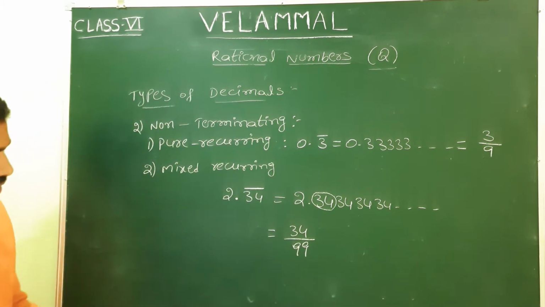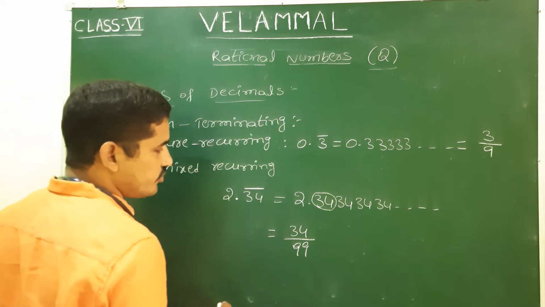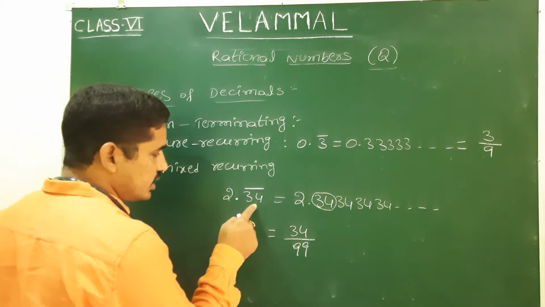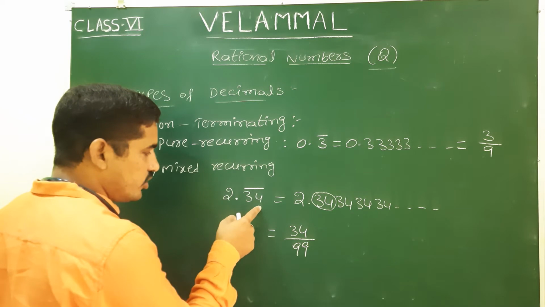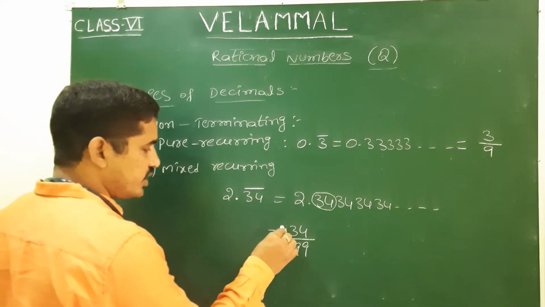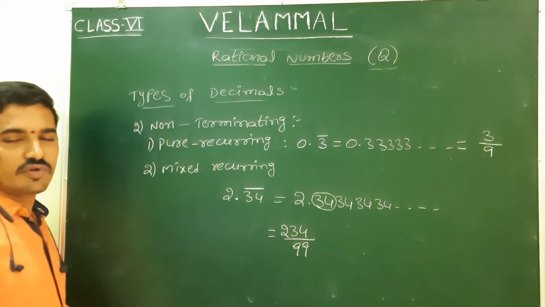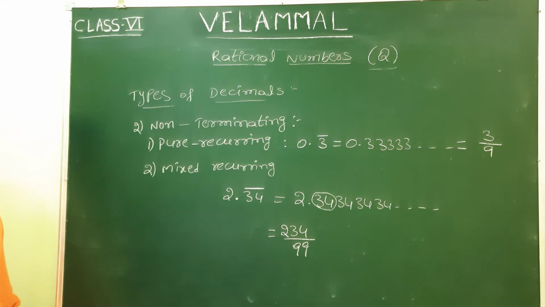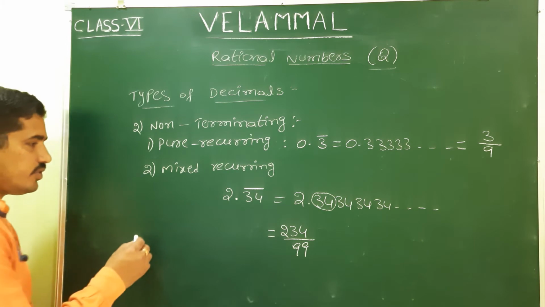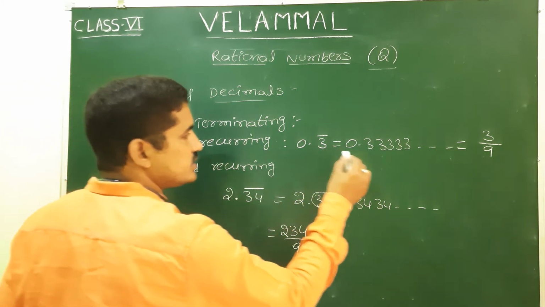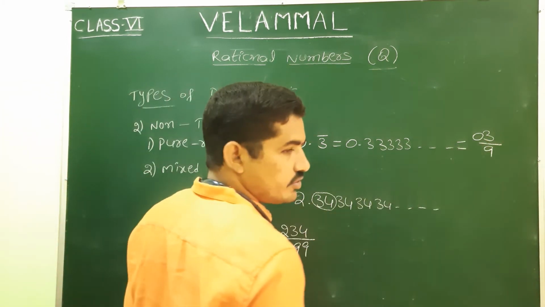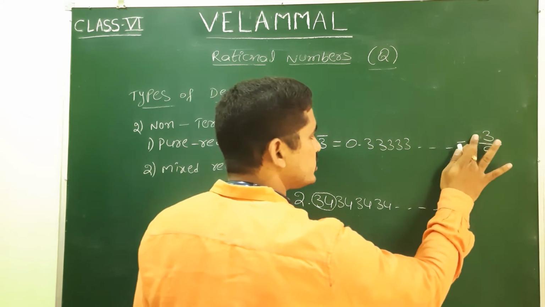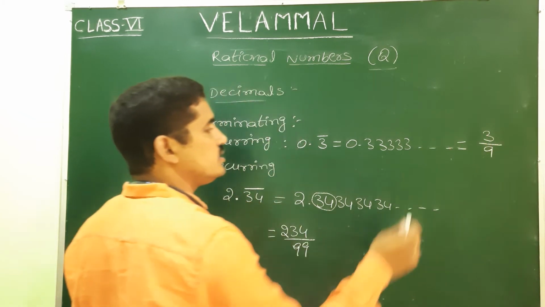Also we need to remember 34 is there, before 34 we have 2, so finally we get 234 as the numerator. 234 by 99. The same way here also, 3 is there, actually 0 and 3 we need to write, but there is no value to the 0, so that's why we write 3 by 9.